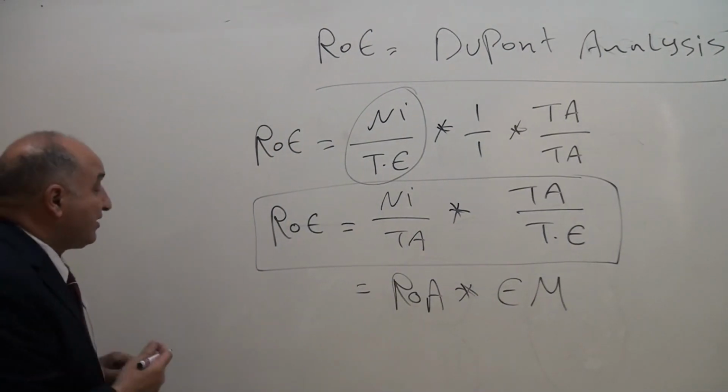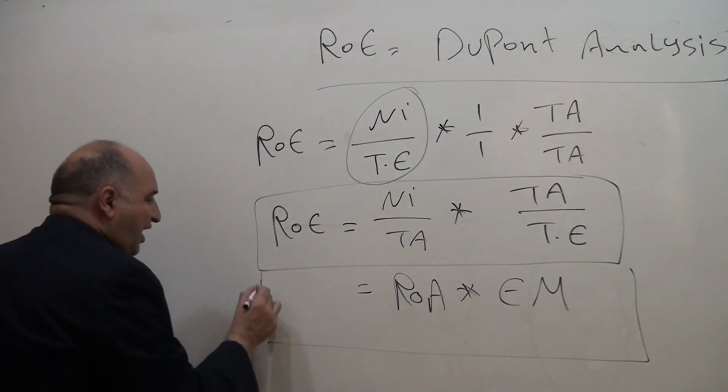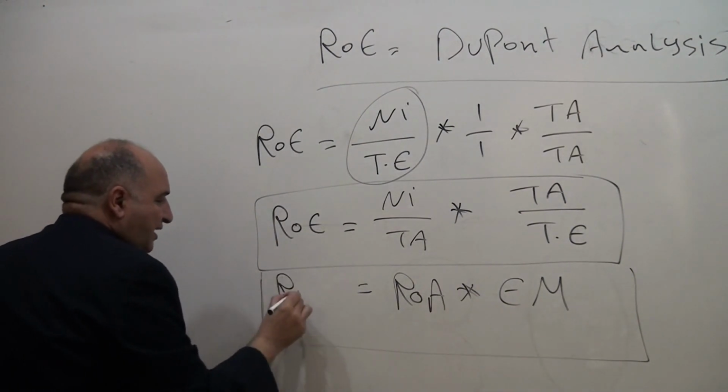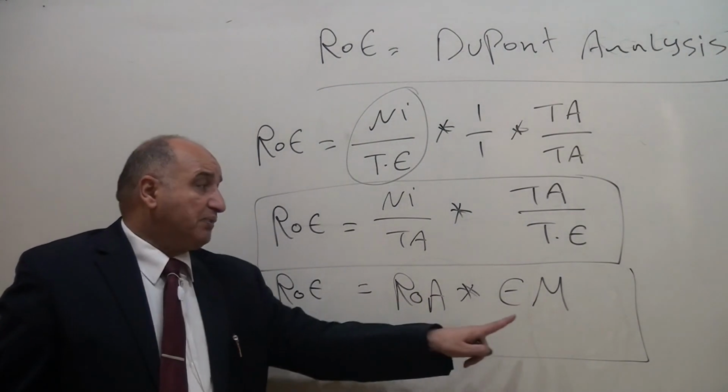So now the second equation for calculating ROE according to the Dupont analysis is that ROE equals ROA multiplied by equity multiplier.